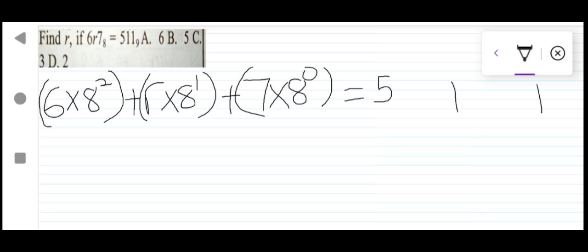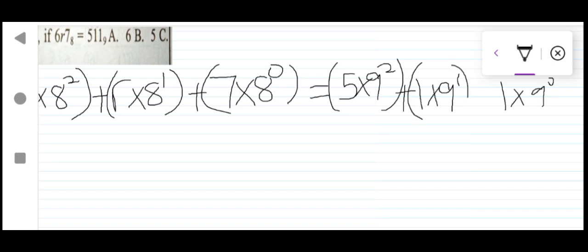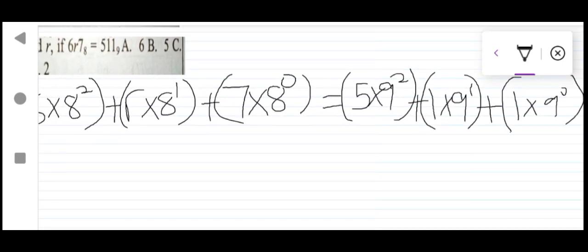So we multiply by the base, multiply by 9, multiply by 9, and multiply by 9. So power 0, power 1, power 2. Keep your brackets and add up. So quickly, let's see how to deal with this.